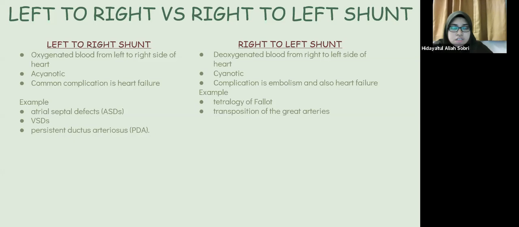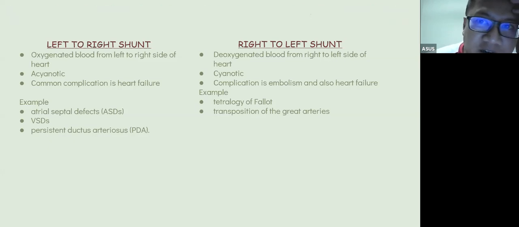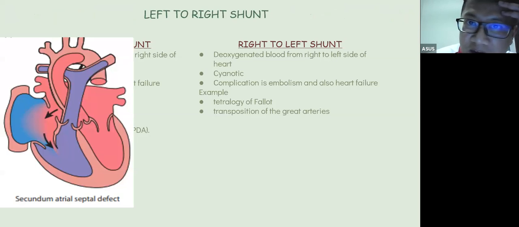So the patient usually... Hold on, cyanotic. Hold on. I want everyone to picture what we mean by left to right side. I mean, just recall the anatomy of the heart. The left side of the heart is actually the left side of your hand. Okay, do you have a diagram for this? All right. Make sure that when you listen to this, we talk about left to right shunt and right to left shunt.